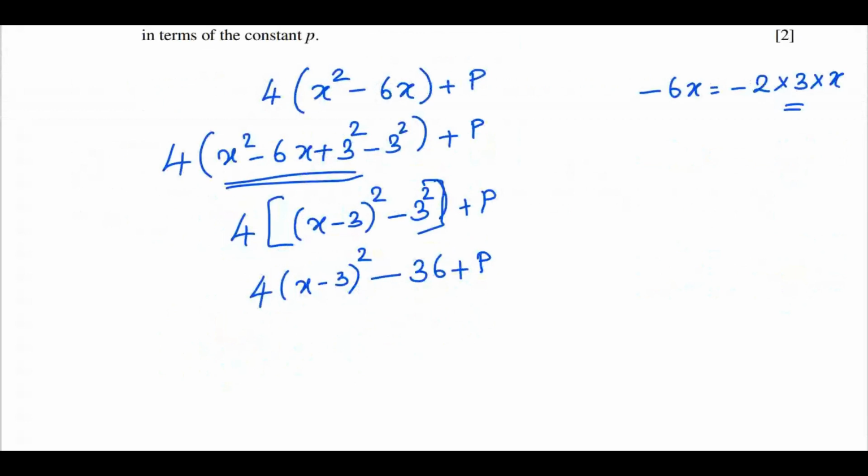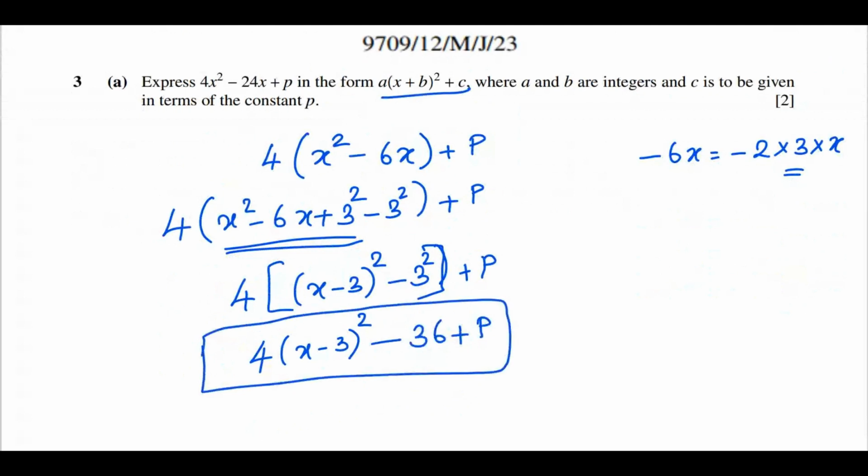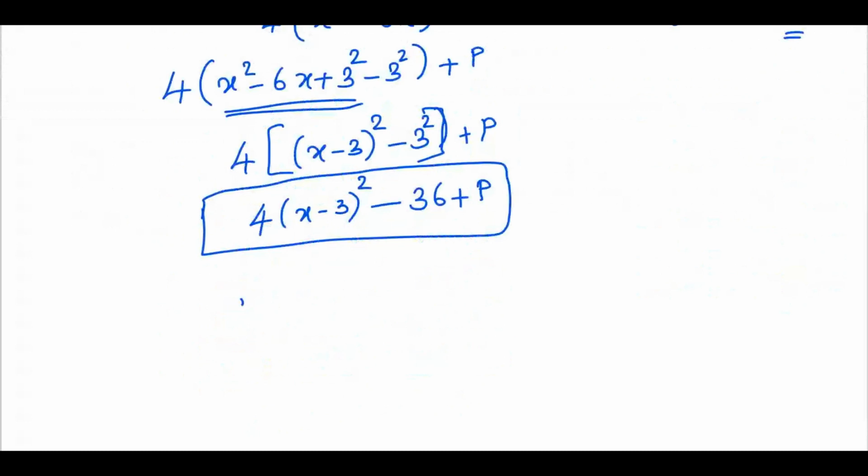So when you compare these two, we can say the value of a is 4, b is negative 3 and c is negative 36 plus p, that is p minus 36.